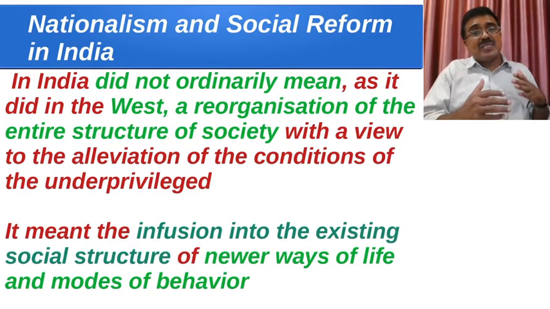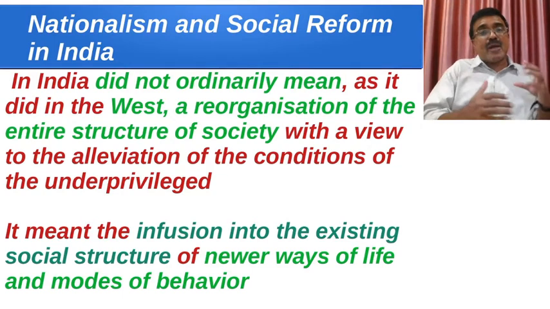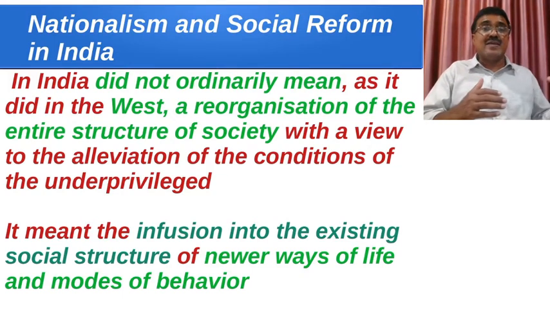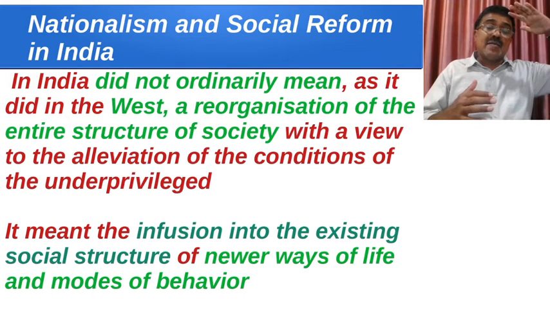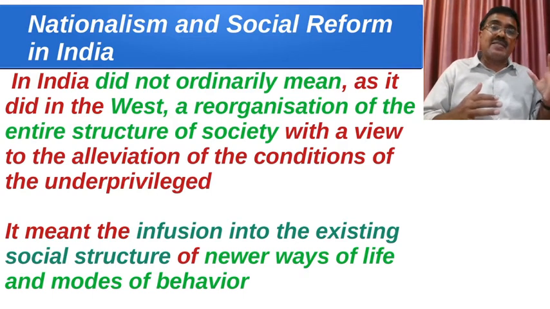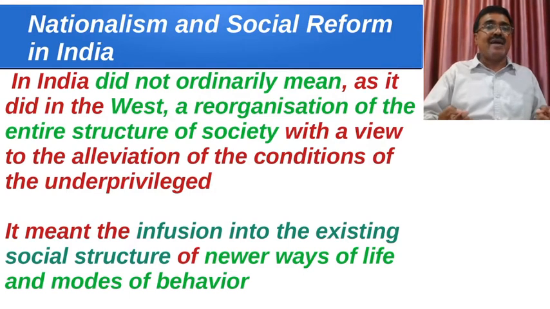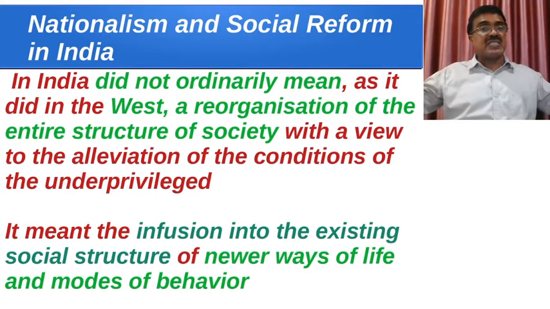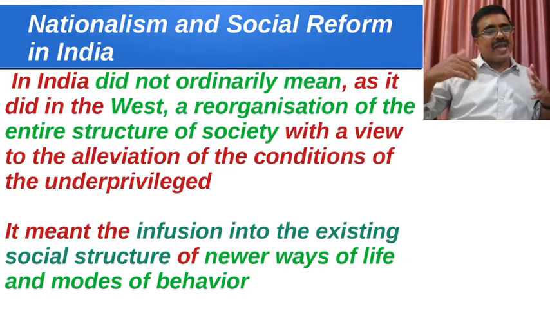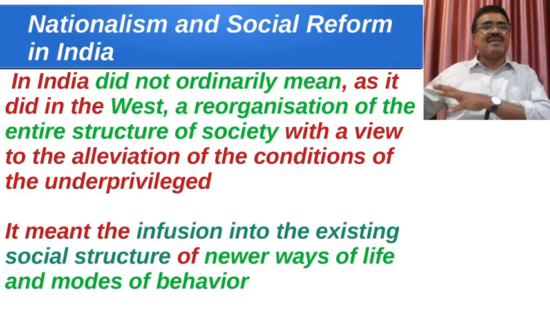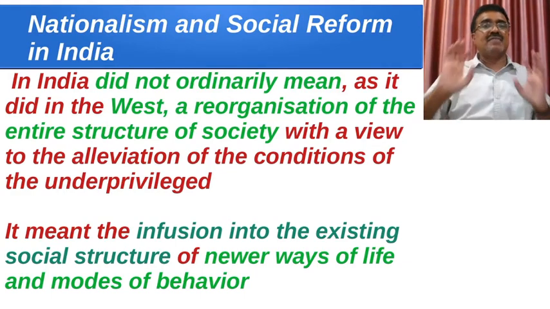And that was done by those who came across these ideas. We can say the elite class, that may not be the uppermost strata, but the upper middle class who could afford and who came across these Western ideas. That we have to consider. Some of the uppermost strata may have turned their face away from these Western ideas.